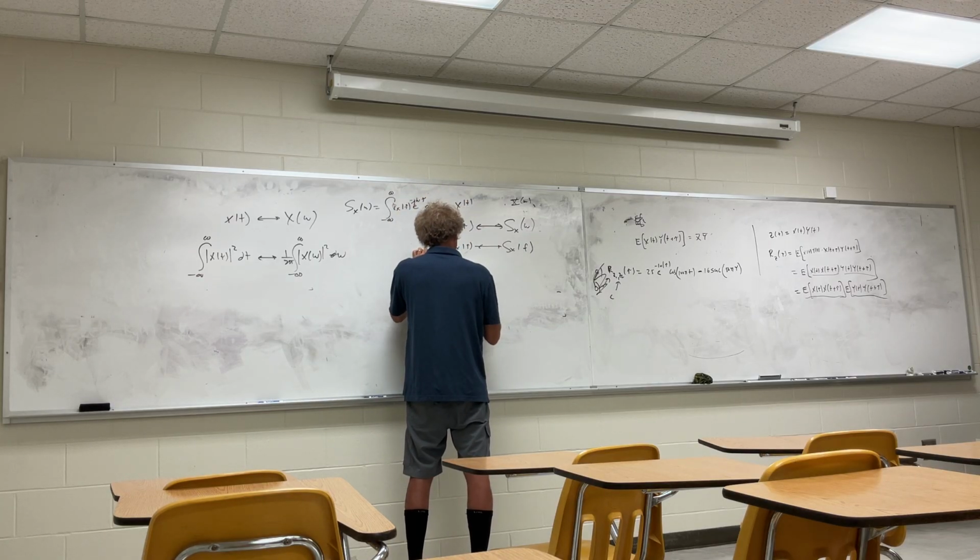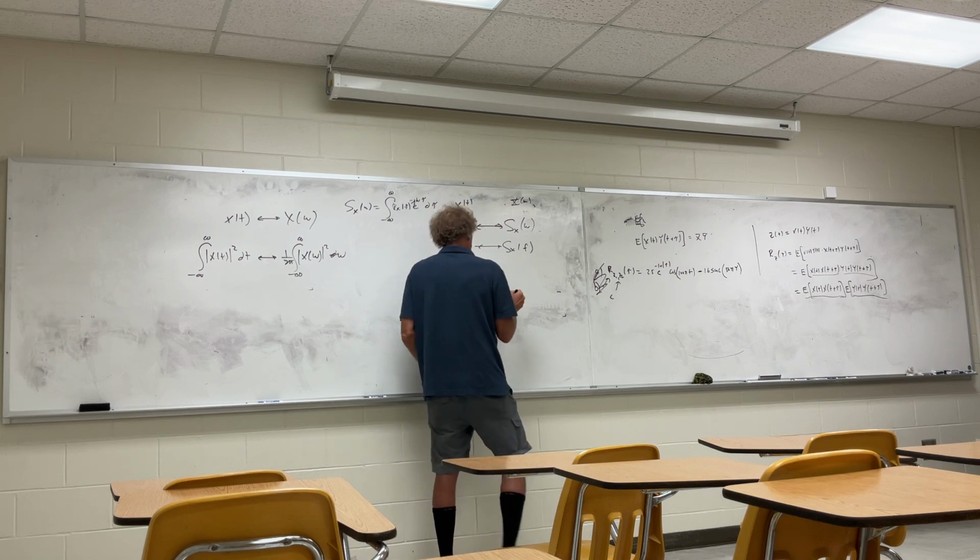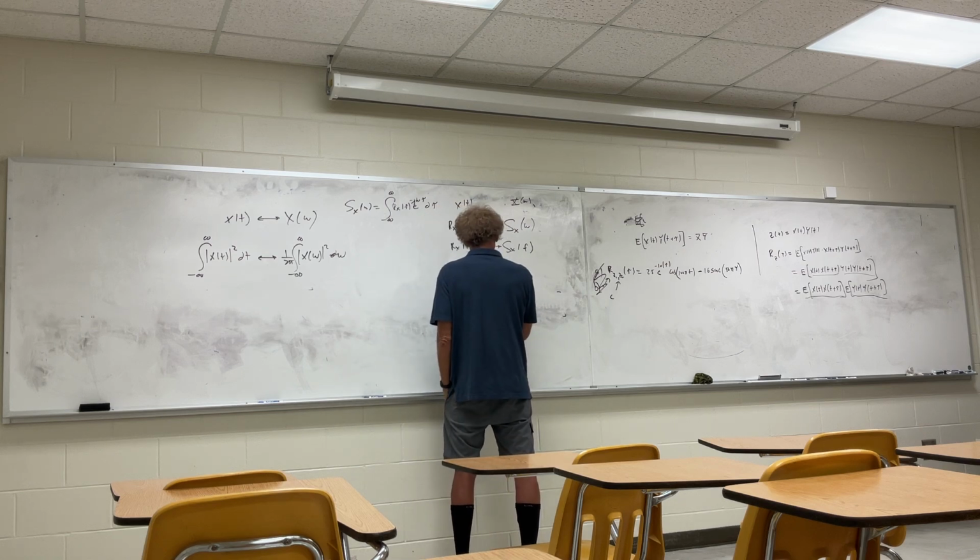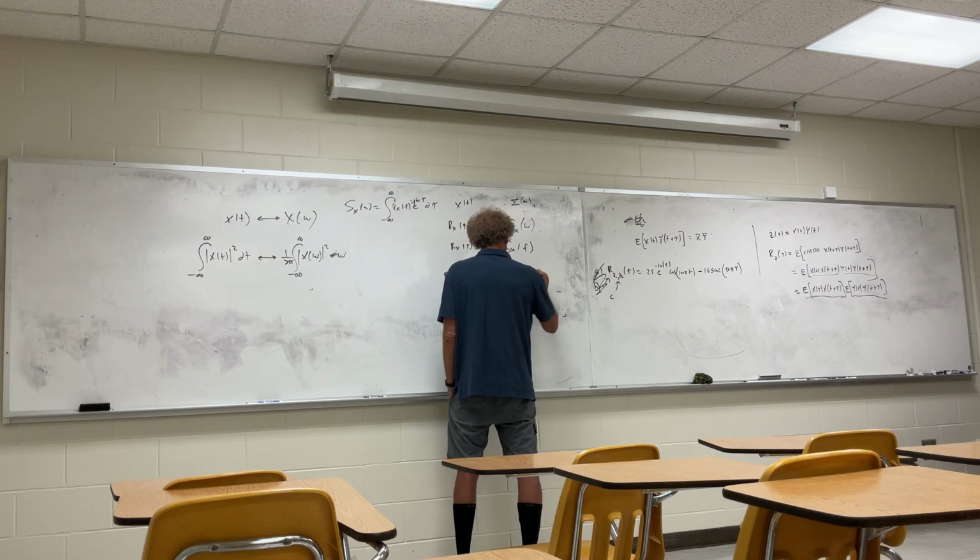In either case, if we wanted to know the amount of energy, or power, the only thing we need to do is take the integral of S_x of f df over the range from minus infinity to infinity.